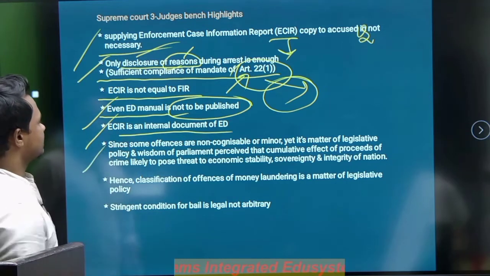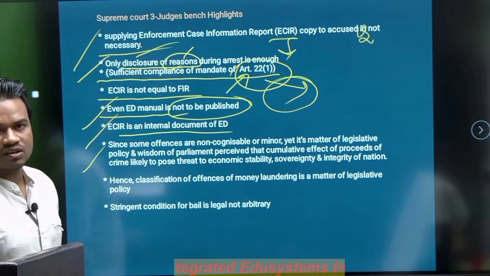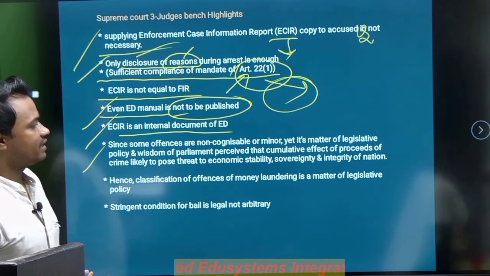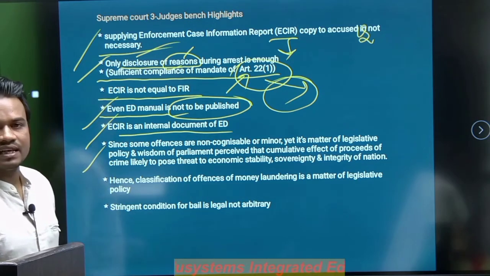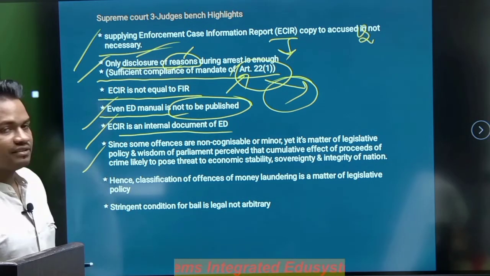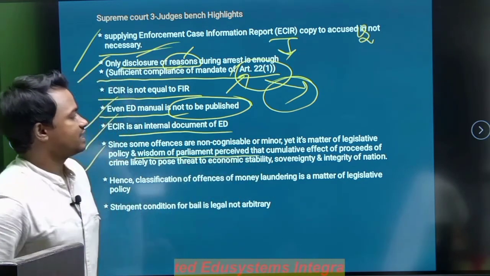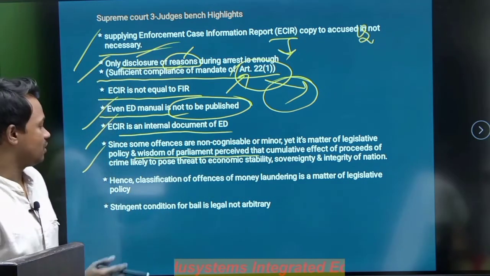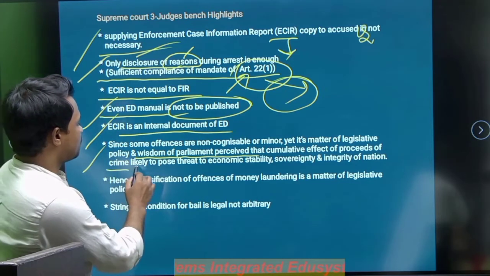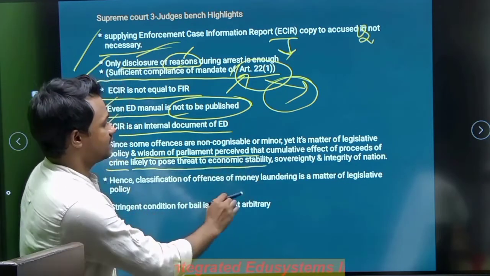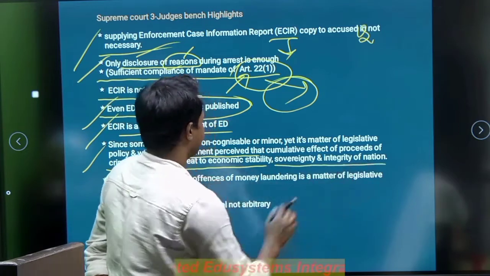The next is that since some offences are non-cognizable or minor, yet it is a matter of legislative policy and the wisdom of Parliament, which perceived that the cumulative effect of proceeds of crime is likely to pose a threat to economic stability, sovereignty and integrity of the nation.